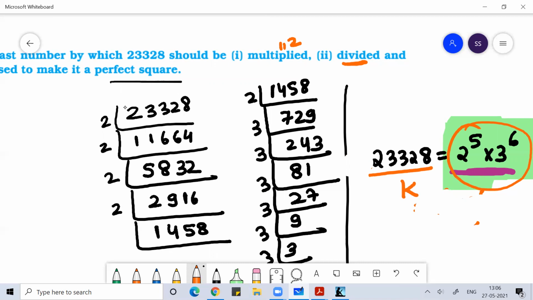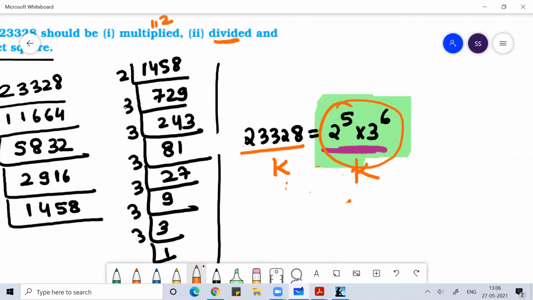I want to make a perfect square. Minimum number. What should be the least number? How will you make it a perfect square? By dividing. Divide this by anything.